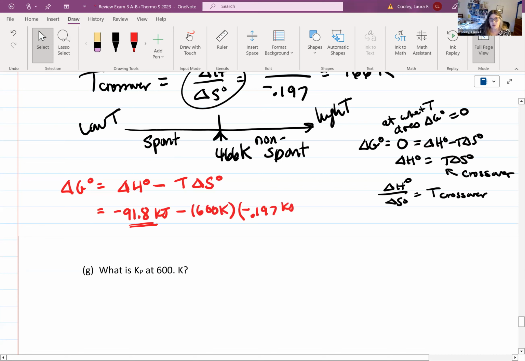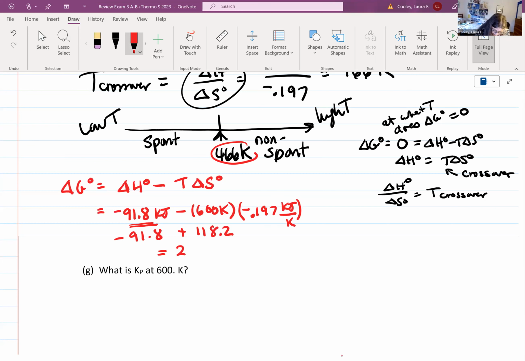So 600 times 0.197 is plus 118.2. You can see that we are above that 466 Kelvin here at 600, and our delta G has become positive. So this reaction has become non-spontaneous.